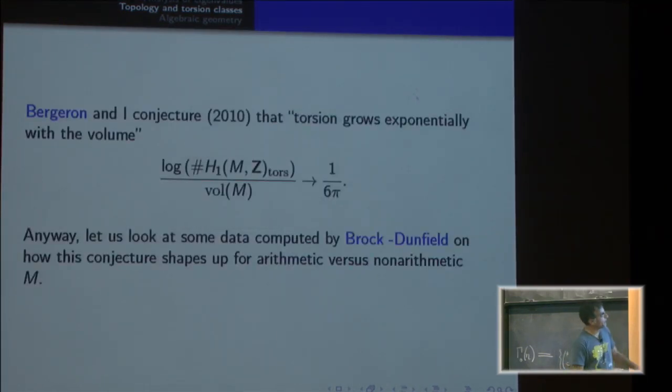The picture shows the ratio of this homology times 6 pi, in other words the quantity which is supposed to converge to 1 as the volume gets large. Where does 6 pi come from? It comes from a computation of L2 torsion on the universal cover, so it's something you can understand.